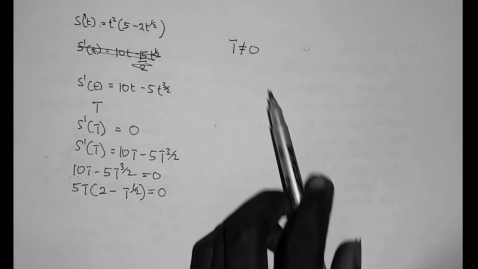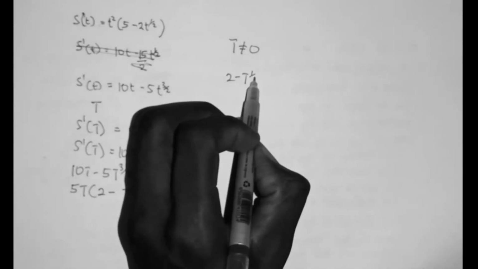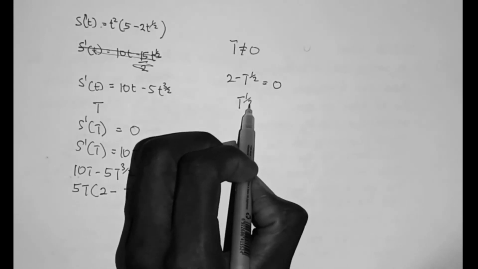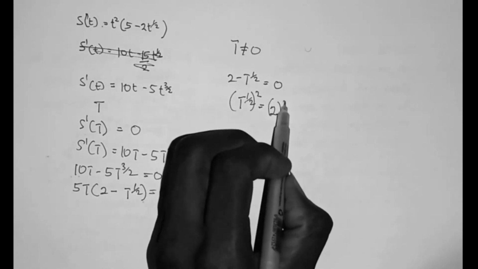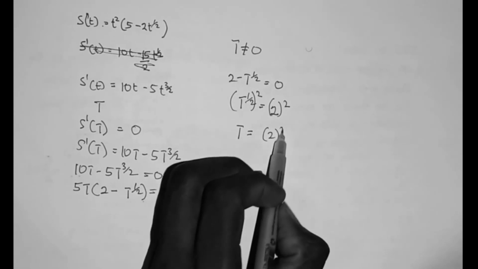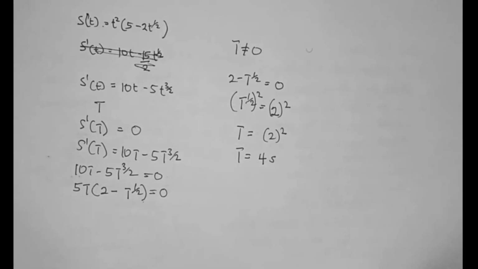The reason is because if capital T is 0, it means that the particle never moved, so it didn't come to rest in the first place. So the only thing that can be 0 is 2 minus t exponent 1 over 2 equals 0. So t exponent 1 over 2 is equal to 2. So we can square both sides. So t equals 2 squared. So capital T is equal to 4 seconds.